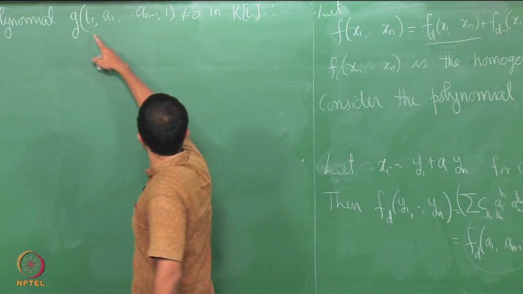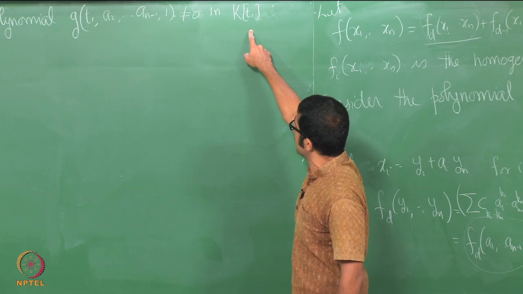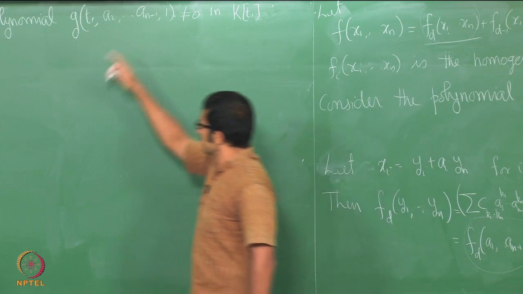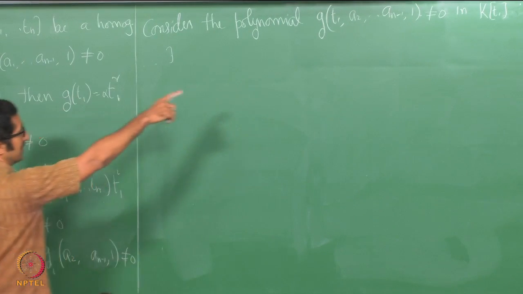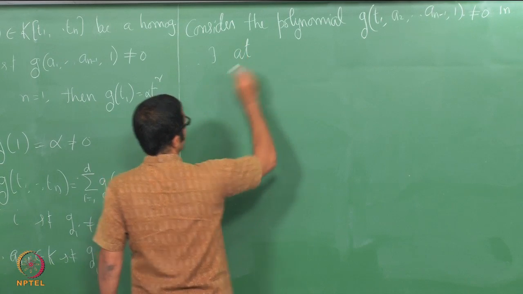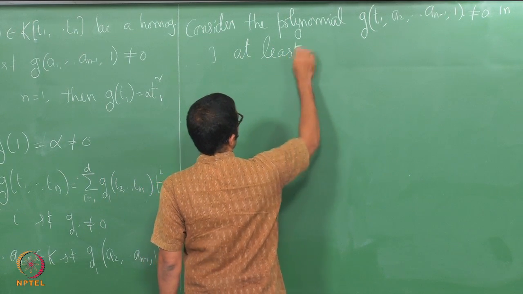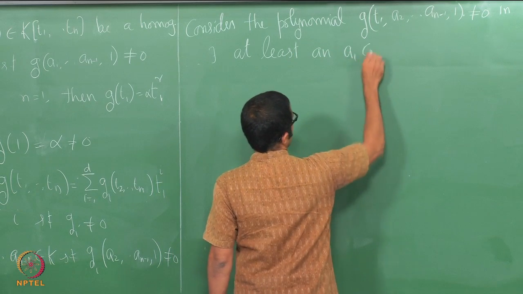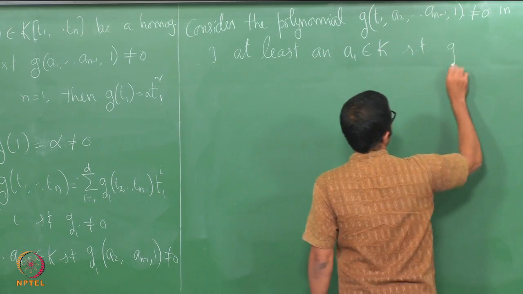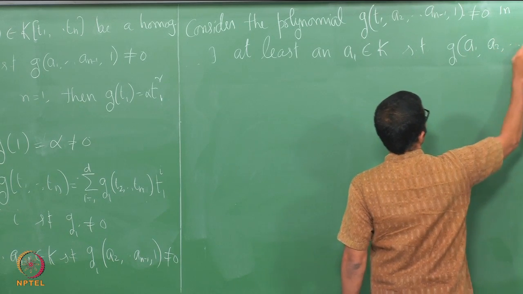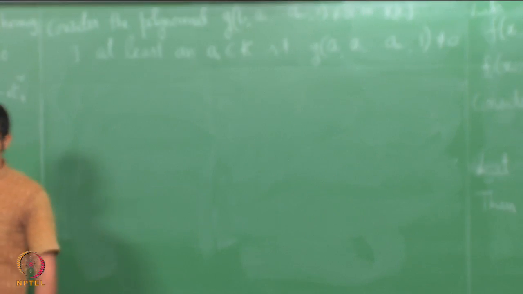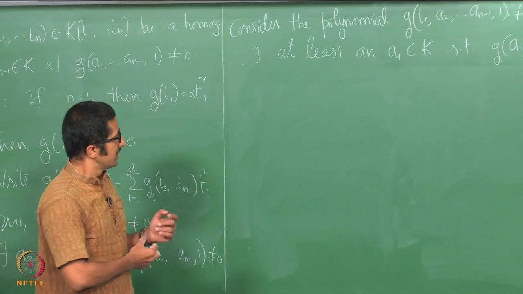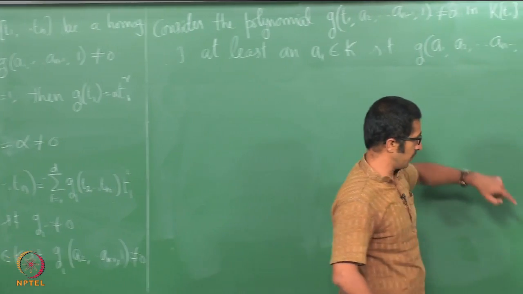Now, since this is a non-zero polynomial and k is infinite, there exists at least an a1 in k such that g of a1, a2 up to a_{n-1}, 1 is non-zero, and that is precisely what we want. Okay.